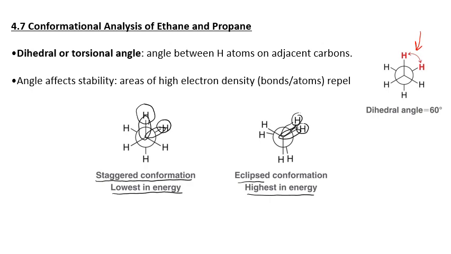So the greatest dihedral angle that we can achieve in a staggered conformation is going to be 60 degrees between two bonded atoms. And this eclipsing interaction, although it's drawn sort of offset a little bit, you have to think of it as being one right in front and one right behind.